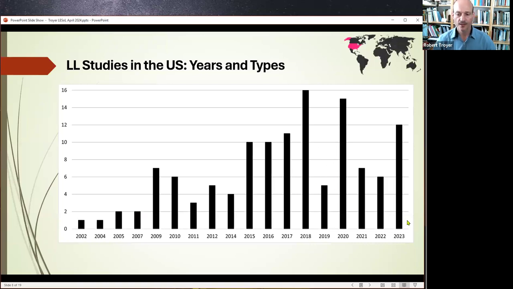I will say that for 2022 and 23, I do have a little bit of a backlog of articles I still need to enter. So these numbers could go up a little bit, but definitely we can see the tremendous growth in the field.